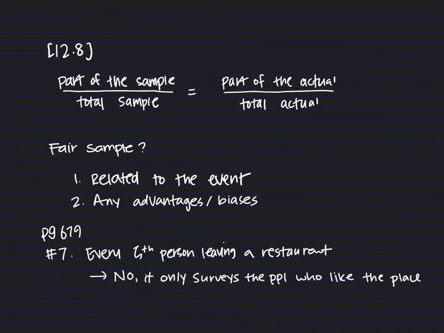So I summed up as no, it only surveys the people who like the place, not people who don't like the place. So it's not going to be a fair sample. Hope you can use your reasoning to decide if the sample is going to be relevant to the event and if it's going to be a fair sample.